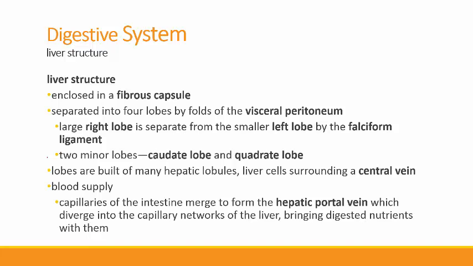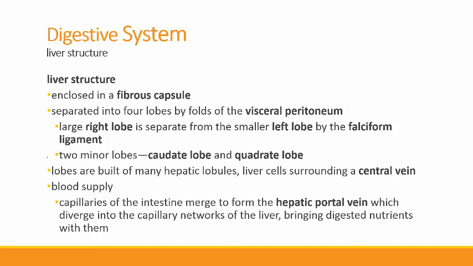The blood supply in the liver is formed by very dense networks of capillaries, and the blood is supplied by the hepatic portal vein, which brings all of the blood from the small intestines into the liver, where they diverge, forming the capillary networks of the liver, and so the liver gets the first shot at all the digested nutrients that are absorbed into the blood around the small intestines.